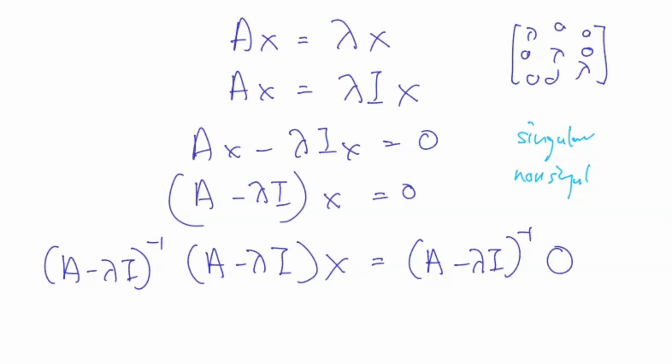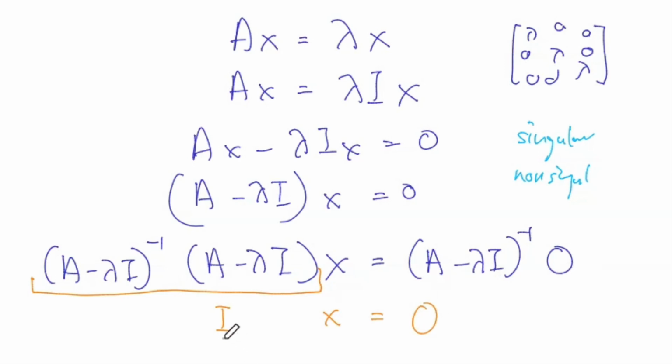You see this whole thing here, something inverse multiplied with this something, should be equal to I, right? The identity matrix. The inverse multiplied with the matrix itself gives you the identity. So I x is equal to, this one is 0.